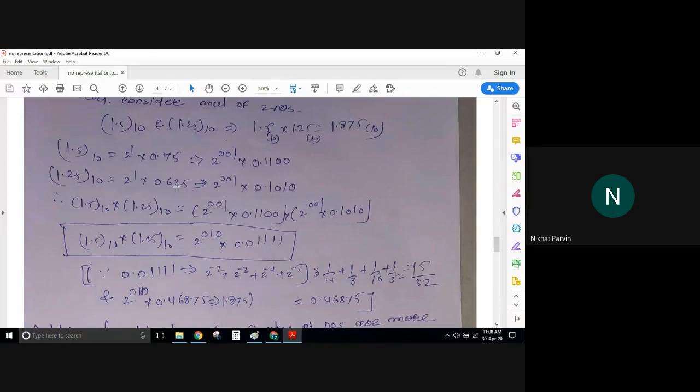What is it that you are doing in floating point multiplication of two numbers? You are multiplying the mantissas, and your mantissa is going to be from 0.25 to 1, and exponents have to get added. And there I said one more thing, that if your mantissa is not in the range, because I want mantissa from 0.25 to 1, then luckily here I got my 0.46 as a mantissa, so no issues.